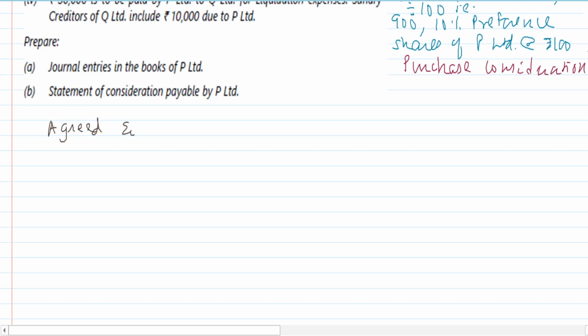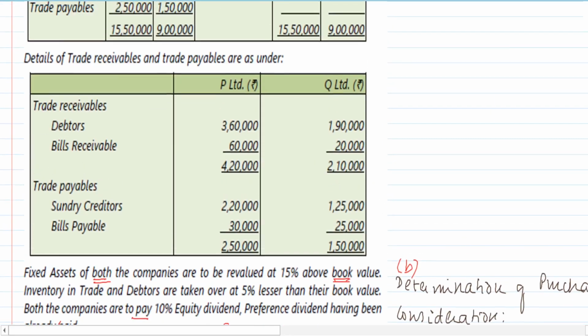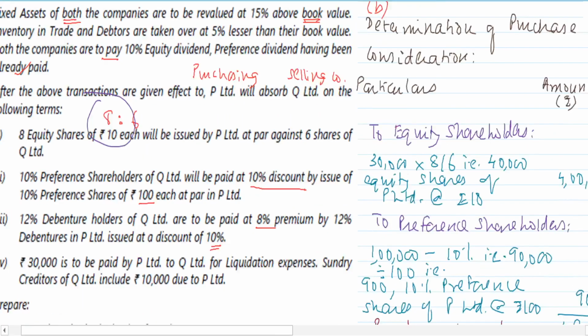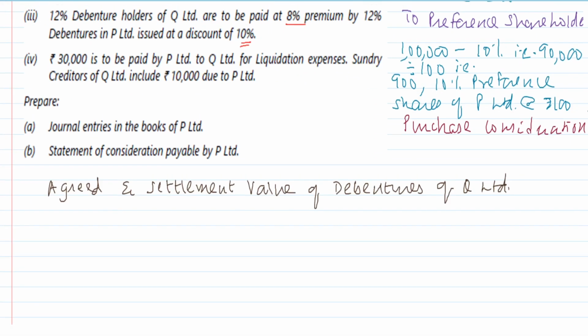We say agreed and settlement value of debentures of Q Limited. Check with the balance sheet how much debentures are there. 1,50,000 debentures are there in Q Limited, and then we are going to settle that at 8% premium.